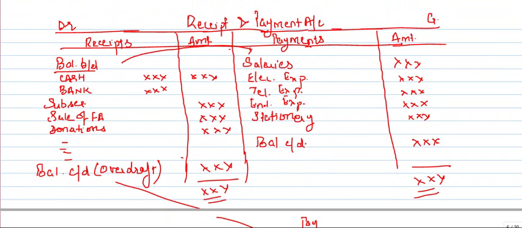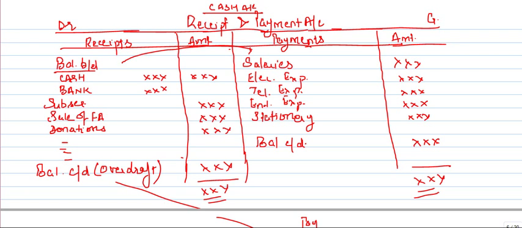So if it is an overdraft facility, this brought down balance will be on this side. Otherwise, this balance will appear on the debit side. Clear? So this receipt and payment, it is just a copy of what? Cash account. That you are receiving cash, you are paying cash. It is a copy of a cash account. Clear? So this is how you have to prepare the receipt account.